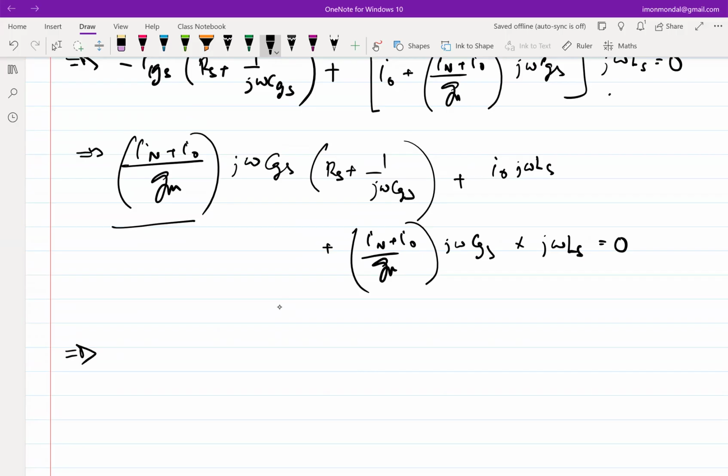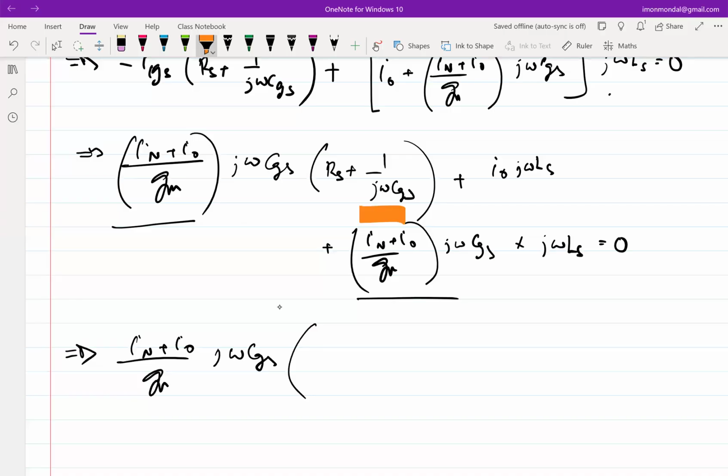So I'll club these terms, right? So I'll just take IN plus I naught over GM times J omega CGS. And I will club this term and this term together. The reason I'm clubbing that is because whenever I can get J omega LS plus 1 over J omega CGS, I can say that they're at resonance and they will go off, right? And simplify the math. So I'll just say J omega CGS plus J omega LS.